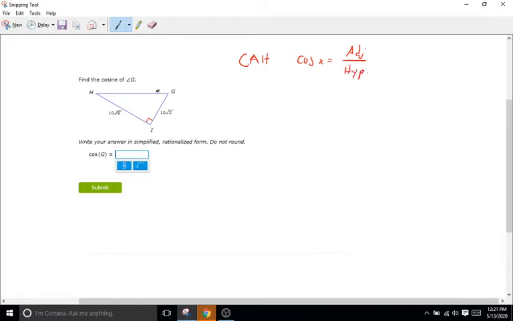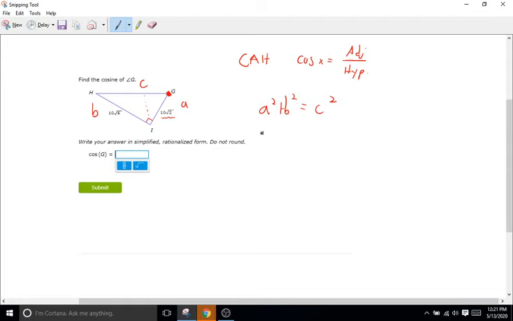If we're doing it of g for this equation, we see the adjacent is 10 square roots of 2, but we don't have the hypotenuse, so we got to find the hypotenuse. And how can we find the missing sides of any kind of right triangle? That is, of course, going to be the Pythagorean Theorem, which is a squared plus b squared equals c squared. Okay, so a is usually the shorter leg, b is usually the longer leg, and c has to be the hypotenuse, or the side, again, that is opposite of that 90-degree angle.